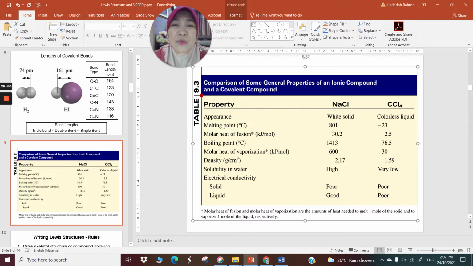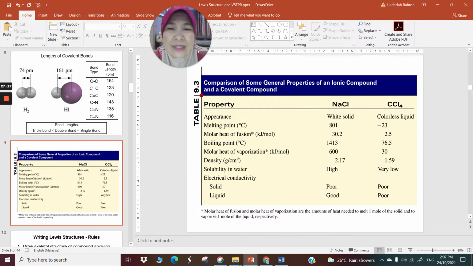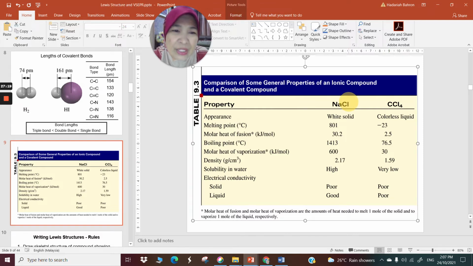When you melt sodium chloride, the ions will exist as free moving species. The sodium plus and the Cl minus will be free to move around, and they will become extremely good electrical conductors. So those are the differences in properties of ionic compound versus covalent compound.